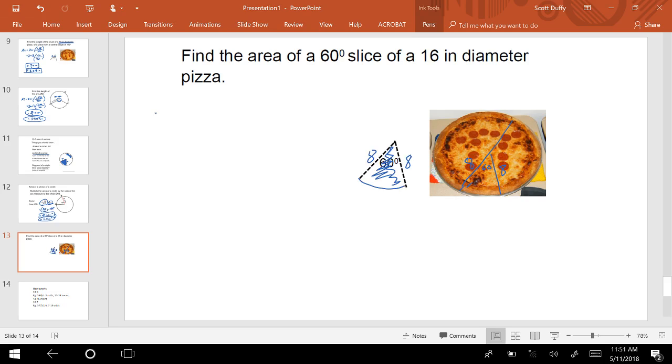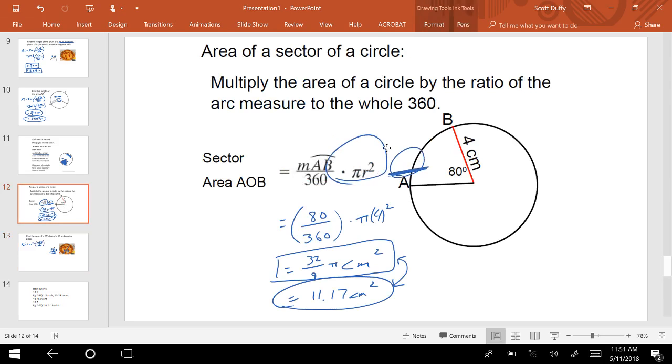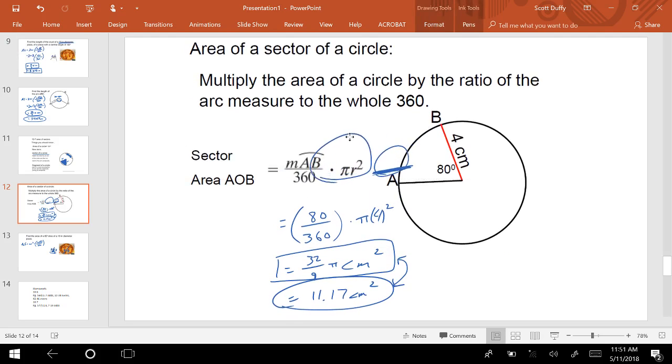So, area of a sector equals pi r squared times the portion, the measure of the arc, divided by 360. And what you see is I just switched the arrangement. I put the measure of the arc second after the pi r squared. It really doesn't matter as long as you multiply them all out.